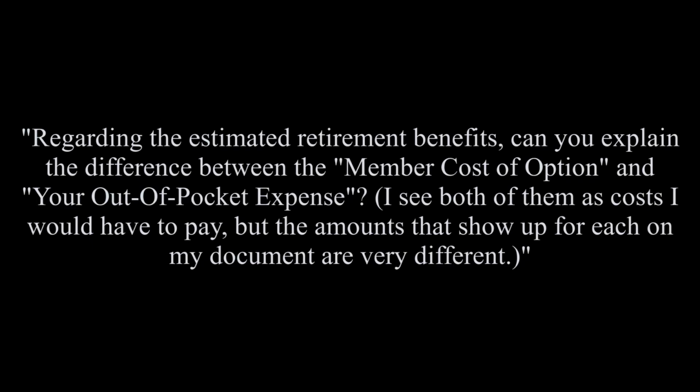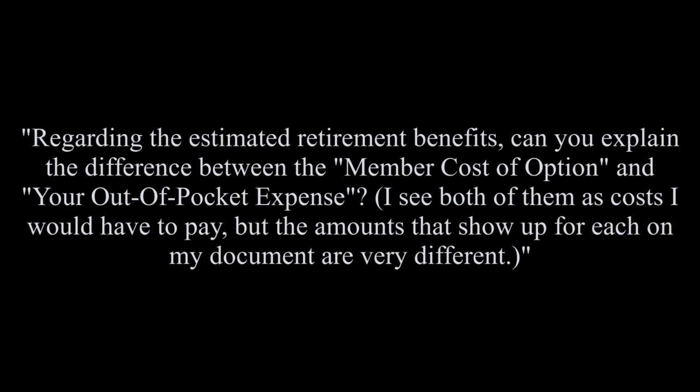So that's what the cost of option is. We deduct that cost of option from your termination pay amount. This is going to be a net amount. It'll be after the school has deducted your Social Security, Medicare, those types of withholdings. So it'll be deducted from that net amount.